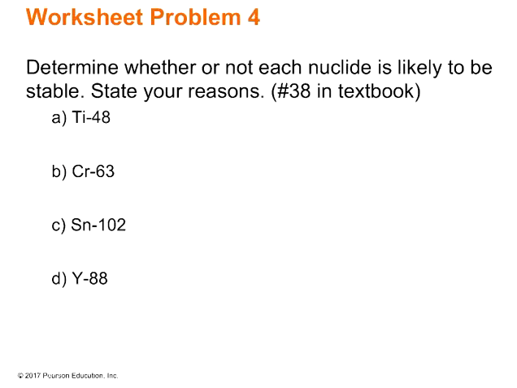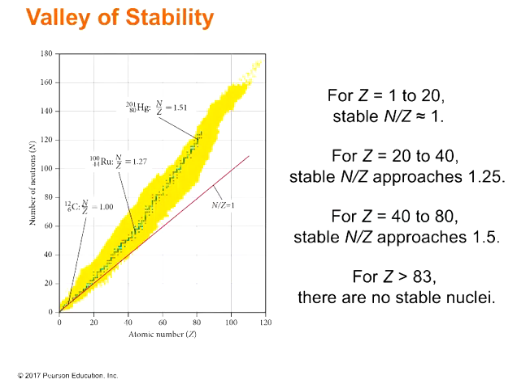Now let's move on to worksheet problem 4. So we're going to determine whether or not each nuclide is likely to be stable, and then we want to state our reasons. So this has to do with our last lecture. Remember, we went over the valley of stability, and we talked about how for the first 20 elements, the neutron to proton ratio should be about 1 in order for the isotope to be stable.